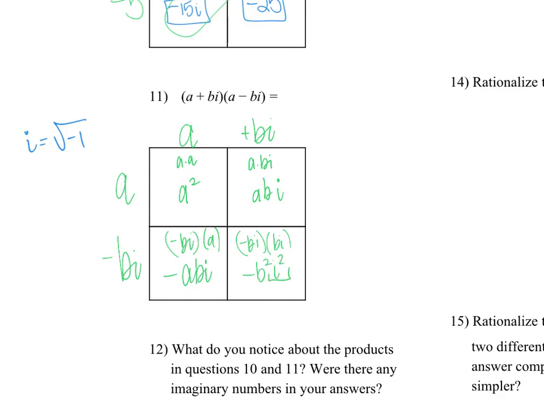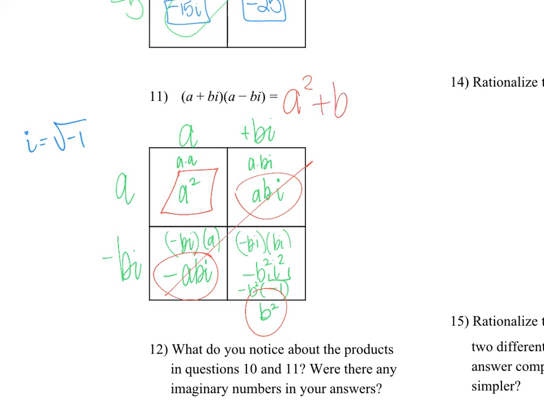But i squared is negative 1. So we're going to have negative b squared times negative 1. That just turns into a positive b squared. So you can see a negative abi, positive abi, those cancel. And so all that's left is this a squared and a positive b squared.